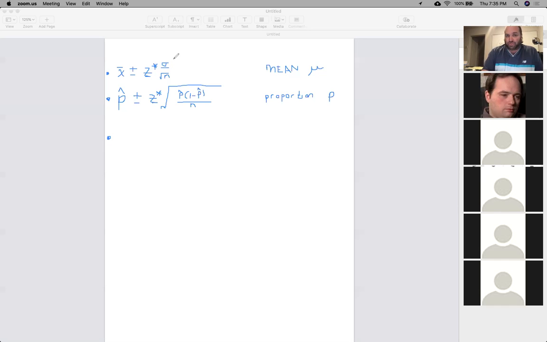If we didn't know sigma, I couldn't use this one. We're going to come up with a formula today for if I do not know sigma. We're going to get to that. But for now, we're going to do a new one called P tilde. This is also when I'm looking for the proportion.